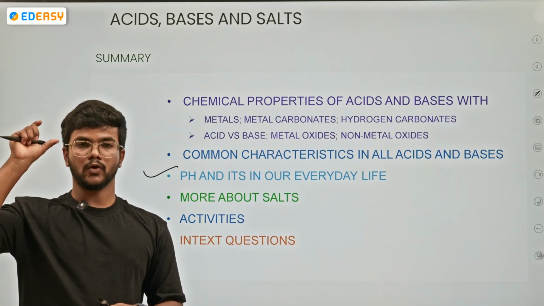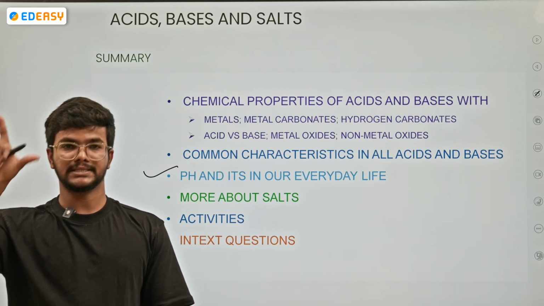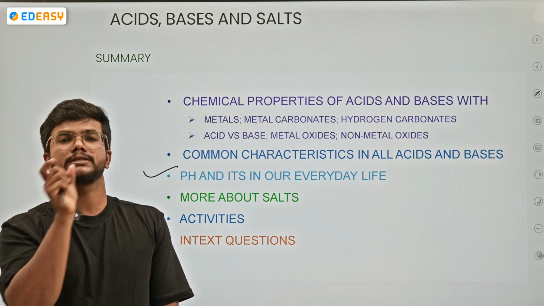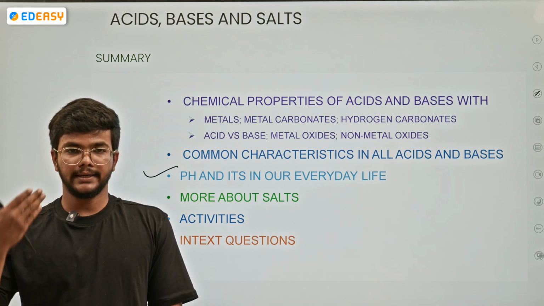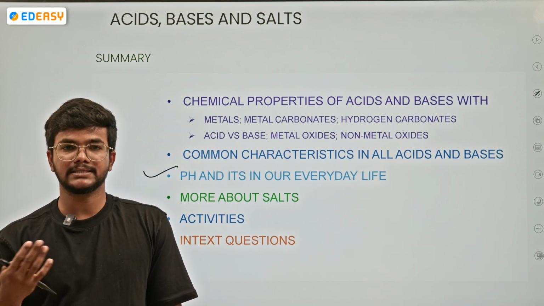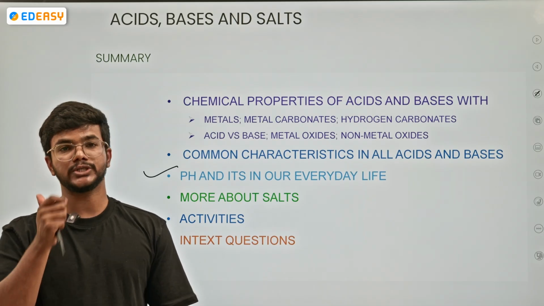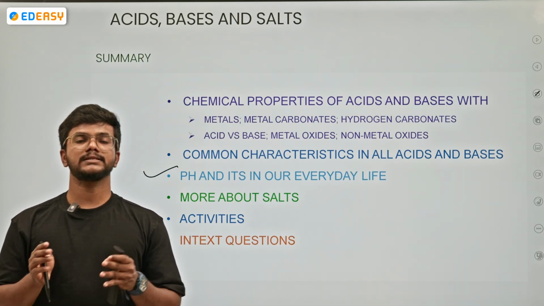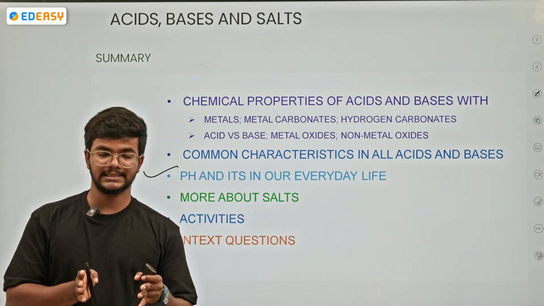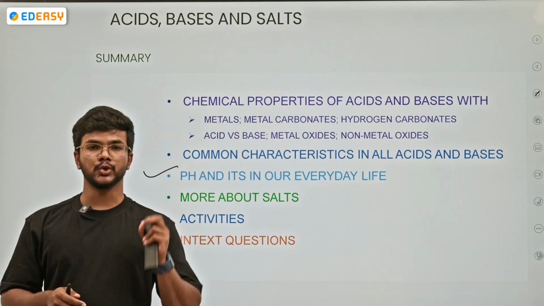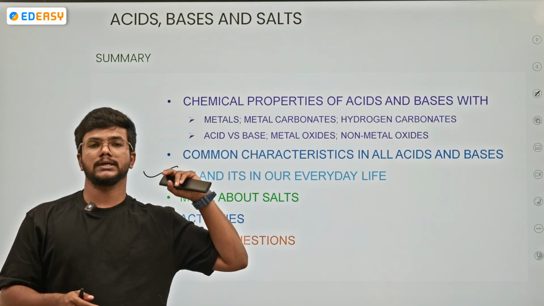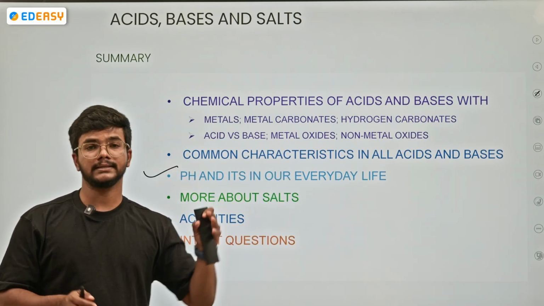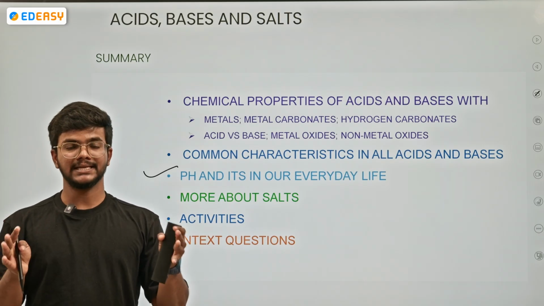We have already observed the pH scale with values 0 to 14, and in day-to-day life there are many acids and bases which can be identified with pH solution and pH paper. So pH values 0 to 6 are acidic, 7 is neutral, 8 to 14 are basic, and the uses of the pH range in our daily life.